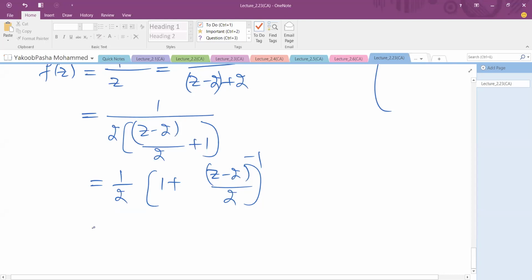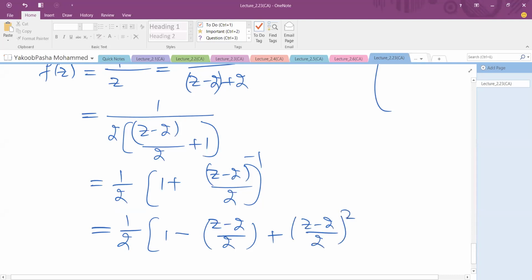That is equal to 1 minus x plus x square, alternating plus and minus, minus x cube plus and so on, where x is z minus 2 by 2.